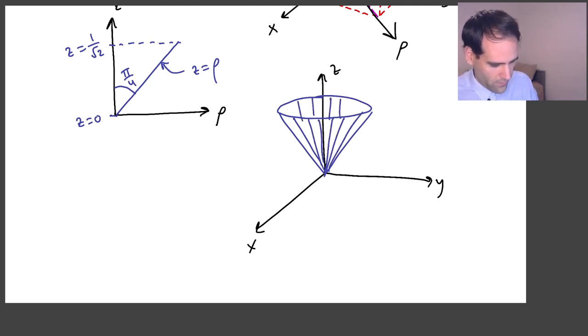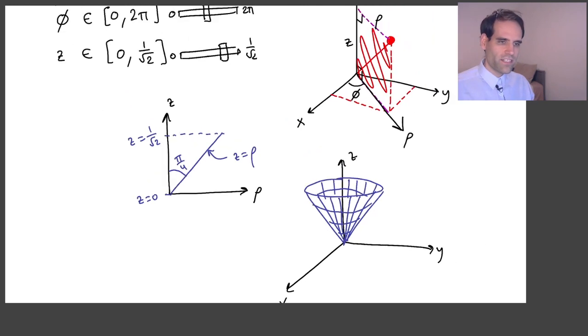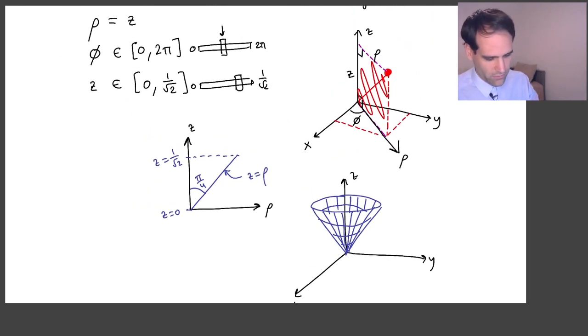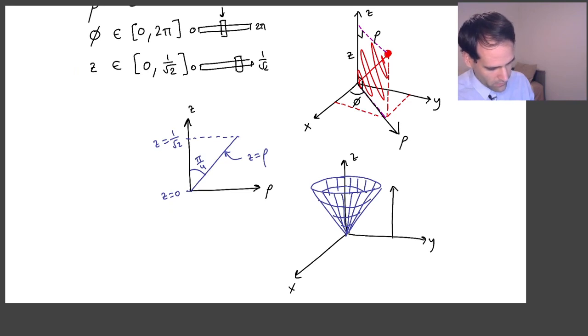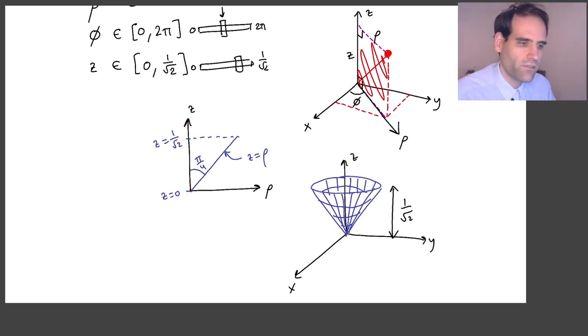So if I'm drawing a mesh here, it would be something like this. So the surface of this cone is given by these equations here. What is the height of this cone? The height of this cone is 1 over square root of 2, because that's the limits in z, okay?